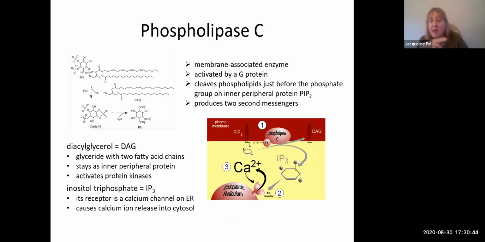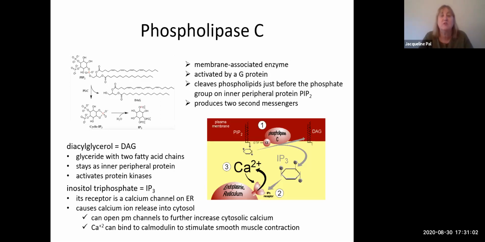And what it's going to do is cause calcium to be released into the cytosol. And it's not going to do that by activating any calcium channels on the plasma membrane. Instead, what happens is IP3 diffuses away from its site of formation towards the endoplasmic reticulum, which has IP3 receptors.